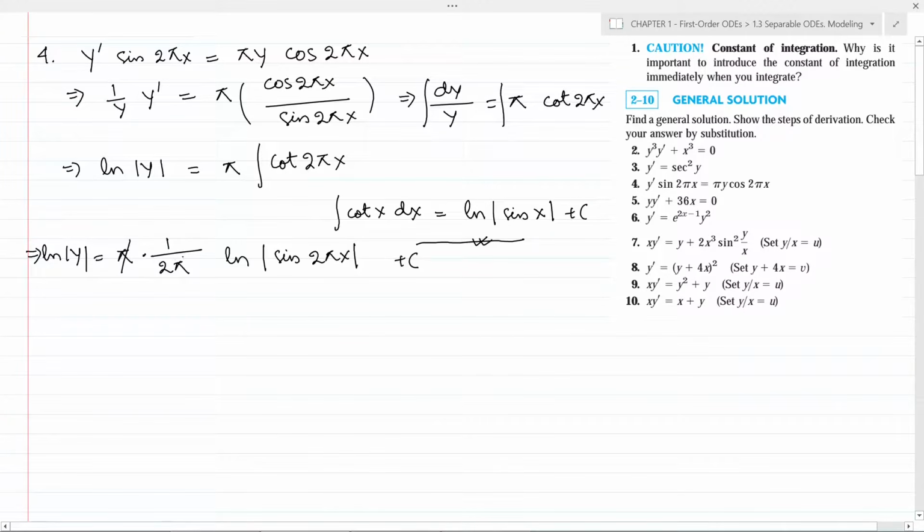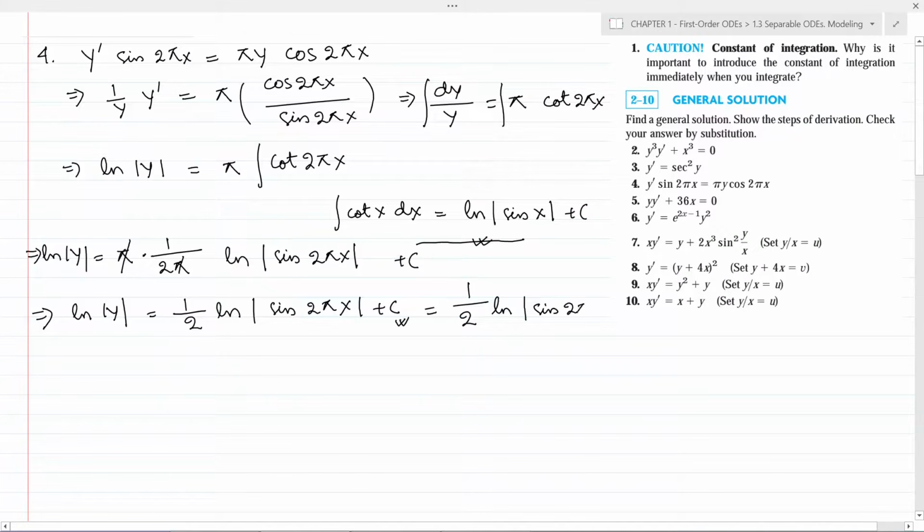These pi terms cancel out and this reduces to ln y is equal to half ln sin 2 pi x plus c. We can write c as ln c1, so the right hand side becomes half natural log sin 2 pi x plus natural log of c1.